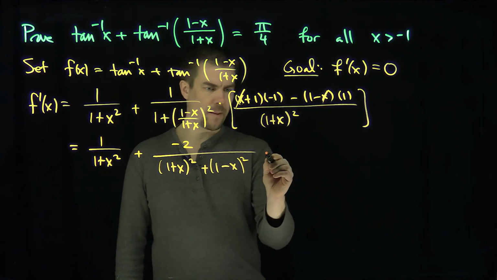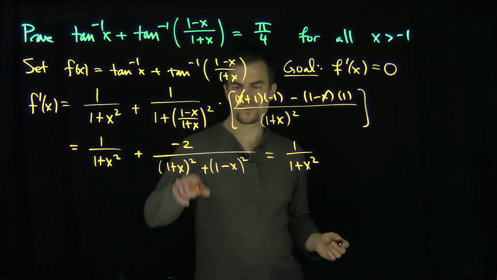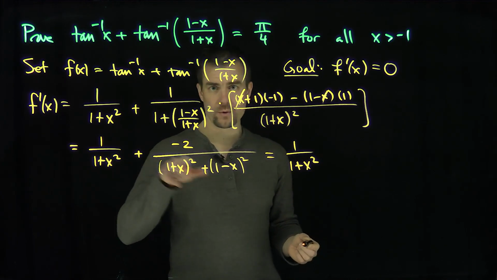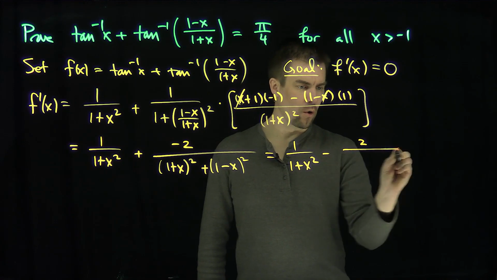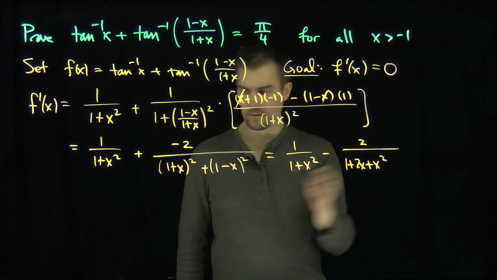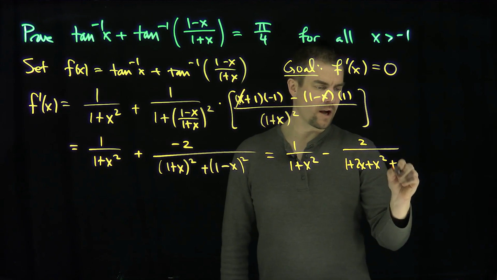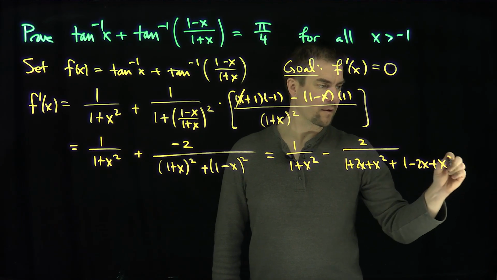So let's simplify this a little bit. This is going to be 1 over 1 plus x squared. Notice, of course, I'm assuming that x is bigger than negative 1, so we don't have a problem over here. Minus 2 over, this thing is 1 plus 2x plus x squared, and then plus 1 minus 2x plus x squared.